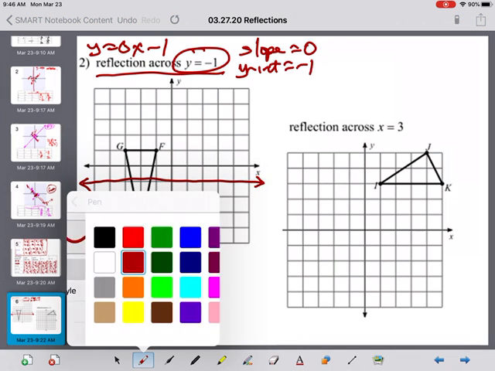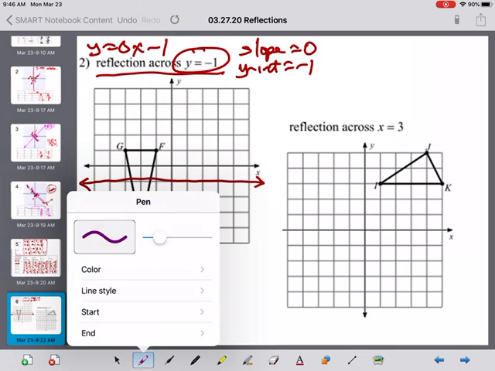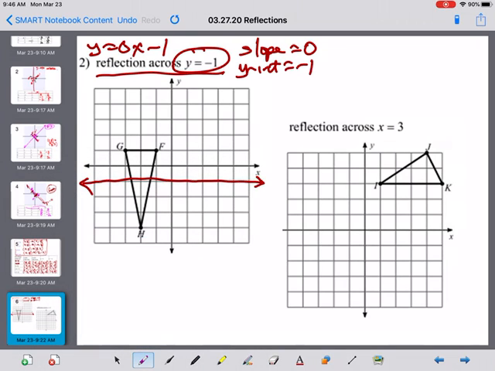And then let's change the color. And now we're going to reflect over y equals negative 1. Now, these are not the special mapping notations that we learned, so you're going to visually reflect it. Here the G is 2 units away from the line, so then G prime will be 2 units on the other side.